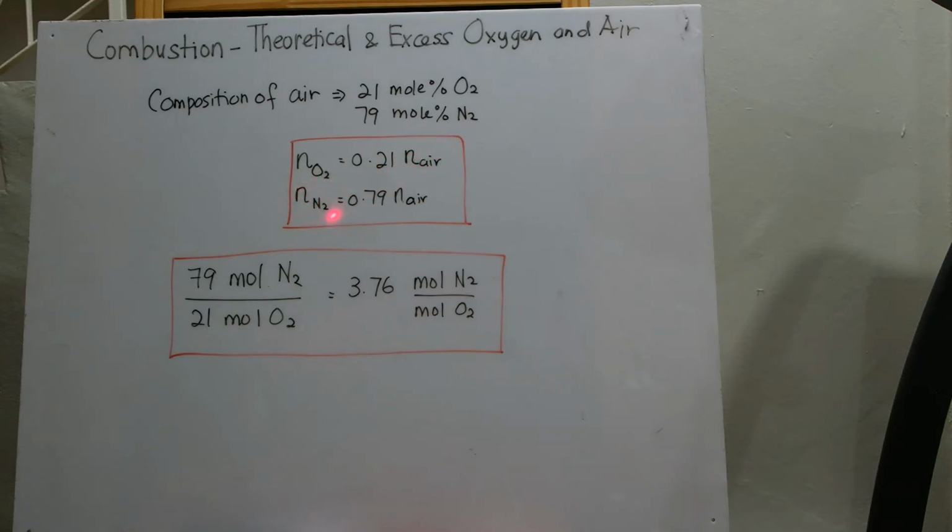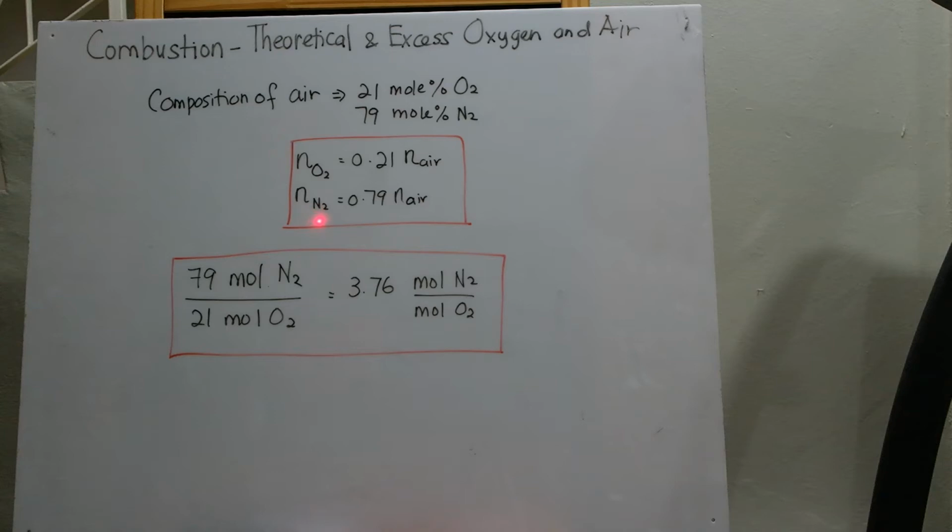If you want to find the number of moles of N2, nitrogen, it is equal to 0.79 times the number of moles of air. Please remember this relationship, because later when you solve mass balance problems in combustion, you need to use it.